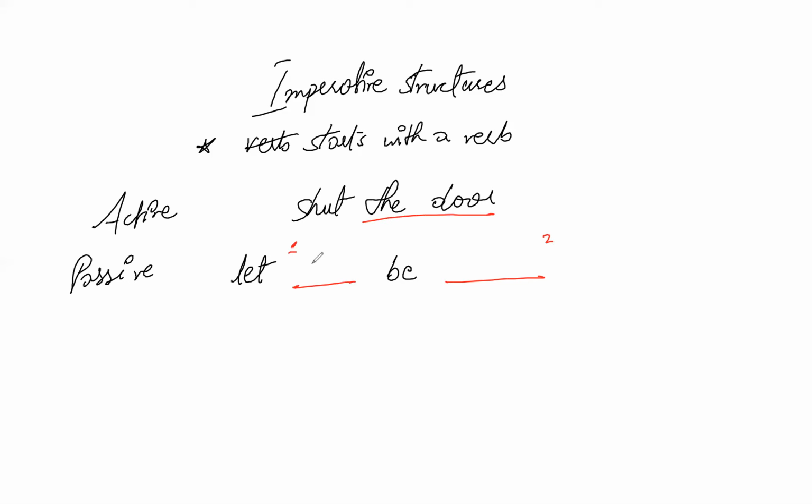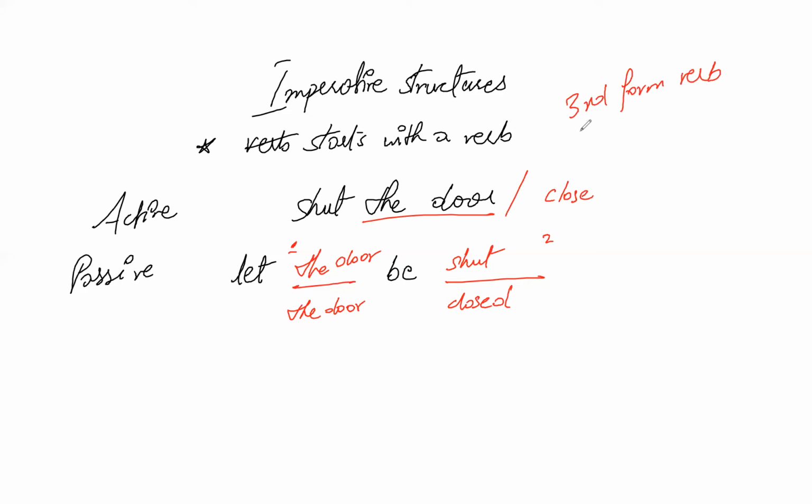This is the object: the door be shut. For example, if we had the sentence "close the door", then it would be the door remains the door, and we write "closed" over here because we always have the third form of the verb in passive, which is a hard and fast rule.